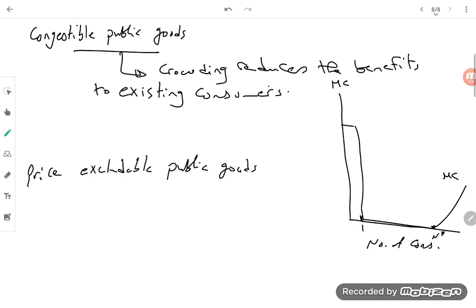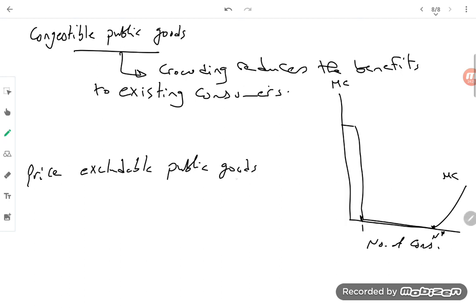So this is the point of congestion. After n users of the road, the marginal cost of allowing an additional user becomes positive. An example for this is roads during rush hour.